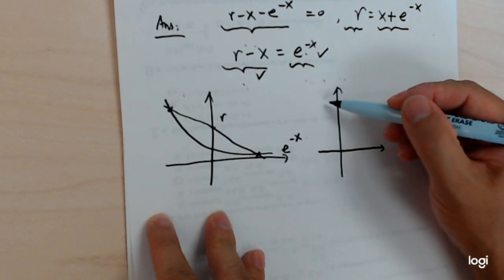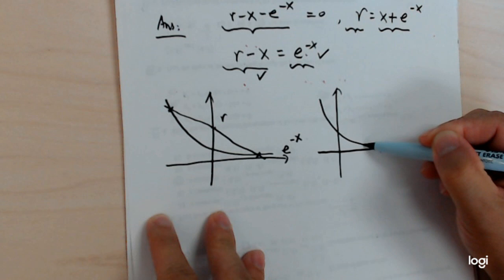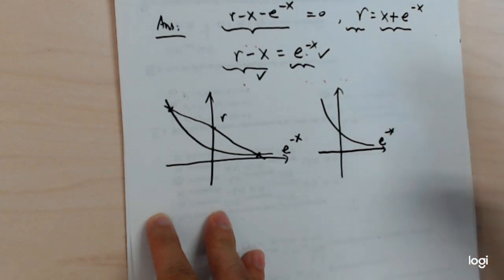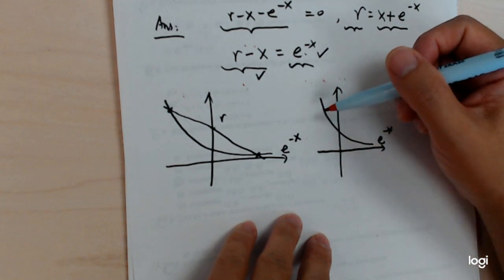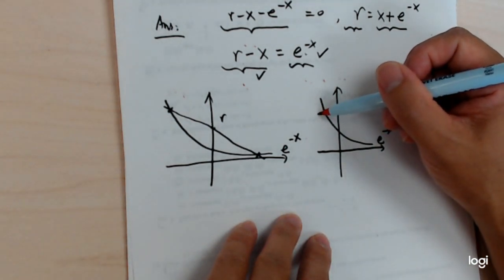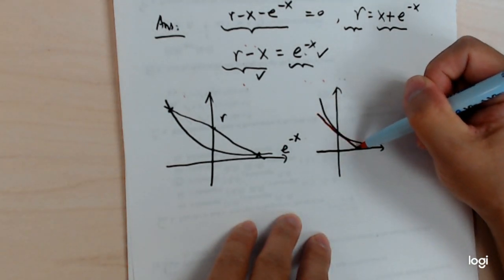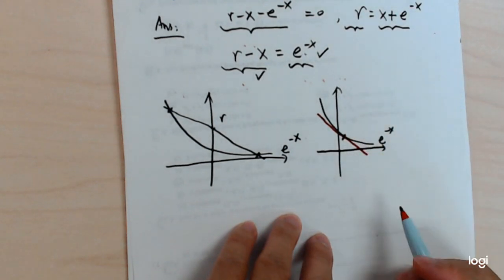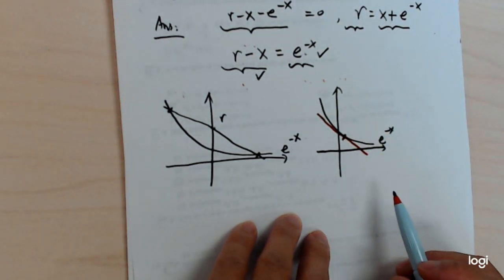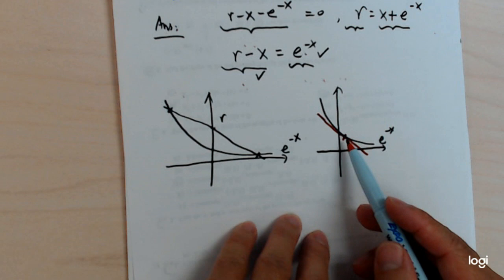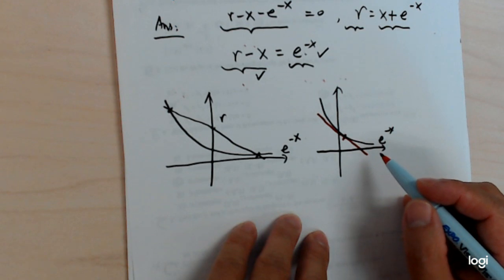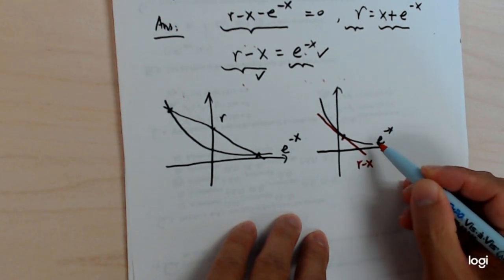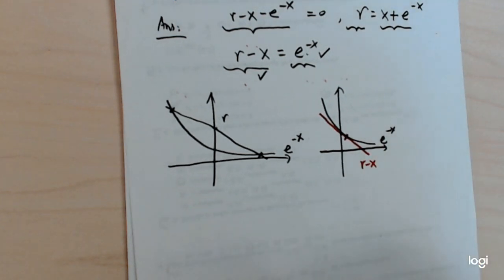So I will plot that right here. That's e to the negative x. So here's that critical moment where there is just 1 equilibrium. That is when this guy is tangent to this. I do not know what the tangent point is yet, but that's when we're going to have this bifurcation.